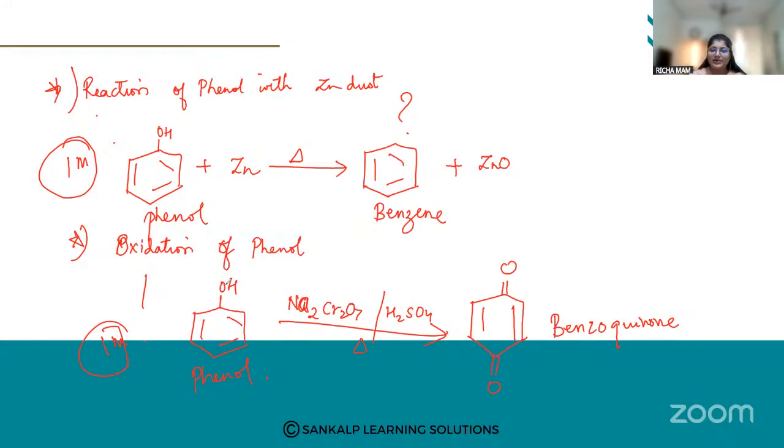So this hydrogen is removed and the oxygen is added, and this is the product obtained, that is benzoquinone. When phenol is exposed to air, it slowly oxidizes to a dark pink color, which contains the quinone. So this is the reaction.